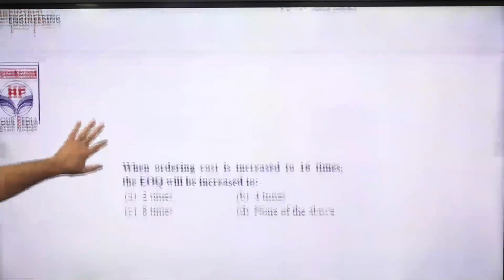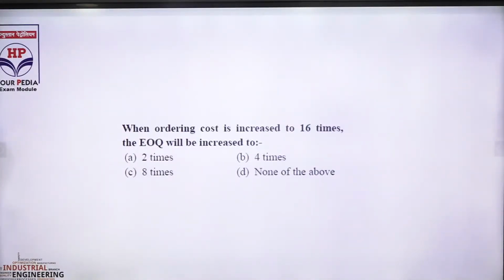So some questions from that can also come. When ordering cost is increased to 16 times, economic order quantity will be increased to what? So C naught is increased 16 times. You know it is under root.